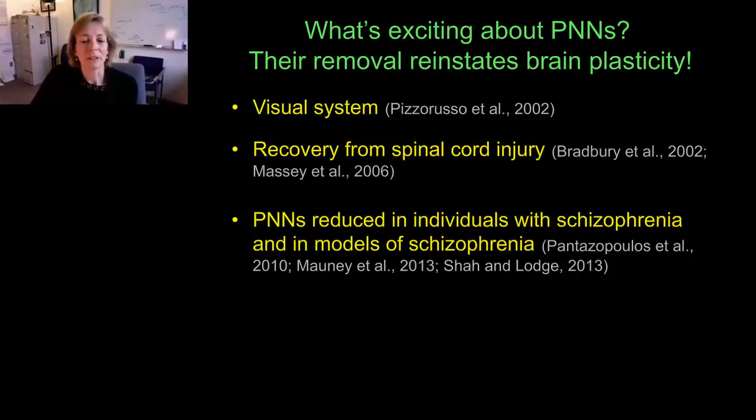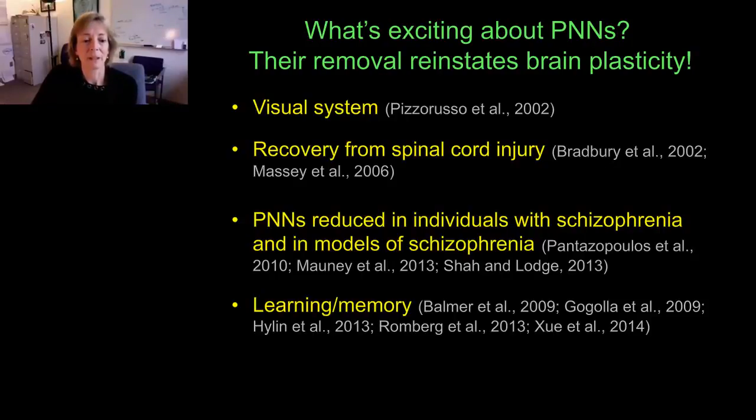PNNs are reduced in individuals with schizophrenia and in animal models of schizophrenia. This may be related to the fact that perineuronal nets largely wrap around parvalbumin fast-spiking neurons that control output in the prefrontal cortex in particular. And so these may be important for the loss of cognitive ability in individuals with schizophrenia. And then finally, they've been shown in different studies to be important for learning and memory.